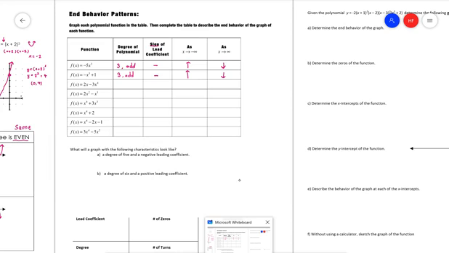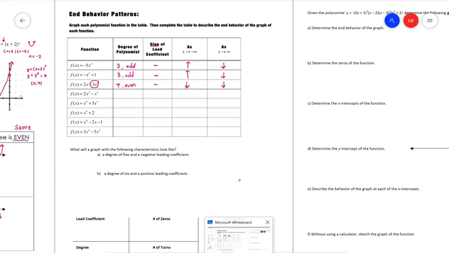The degree of the polynomial comes from the highest. So the degree is 4, which is even. And the sign of that coefficient is negative. So even and negative, negative tells me the last one is down, even tells me they're the same.